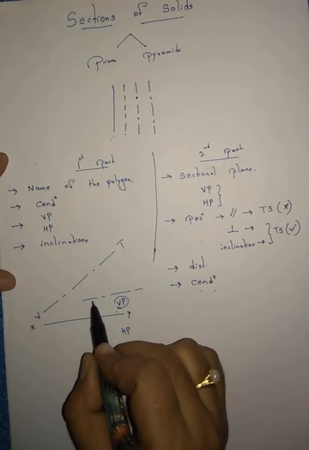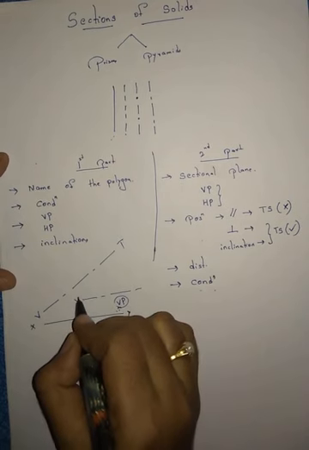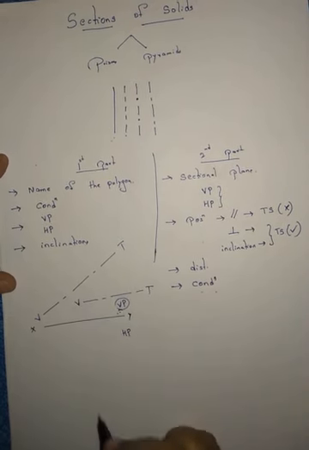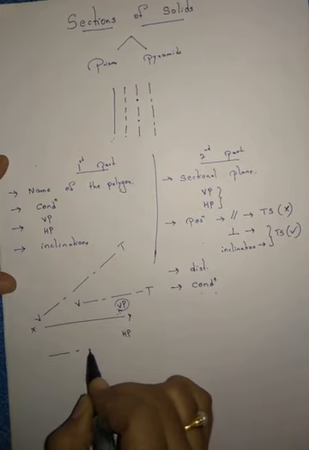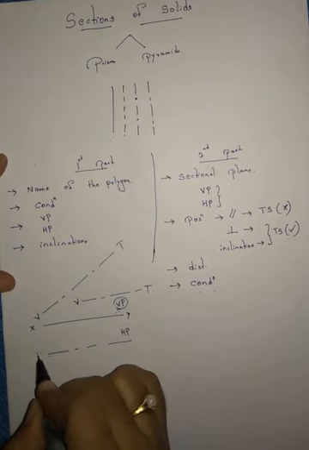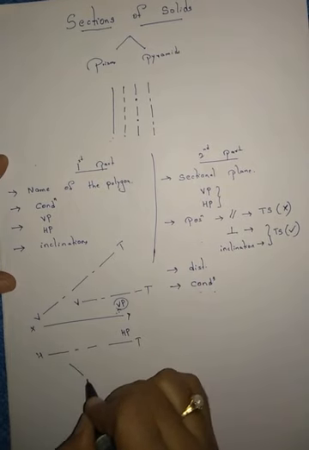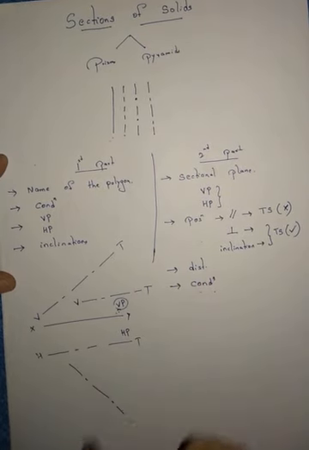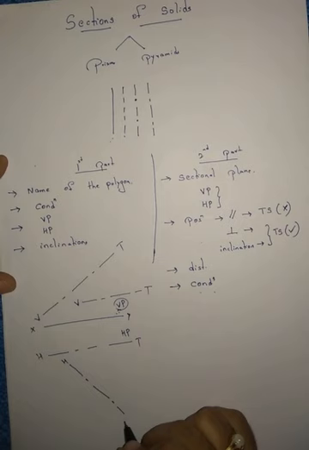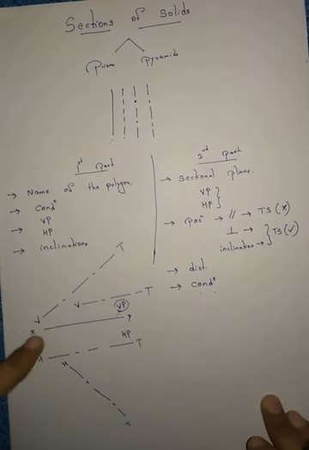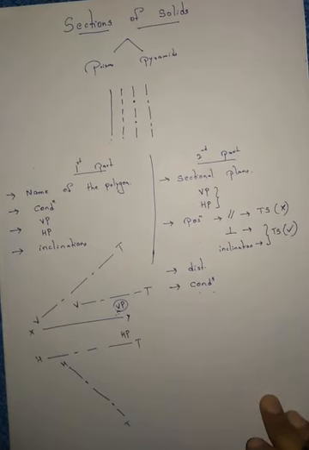Suppose you draw the sectional plane in the horizontal plane, name it as HT, horizontal trace. Whatever the position, even if it is inclined, if you draw it in HP, name it as horizontal trace. In VP vertical trace, in HP horizontal trace.